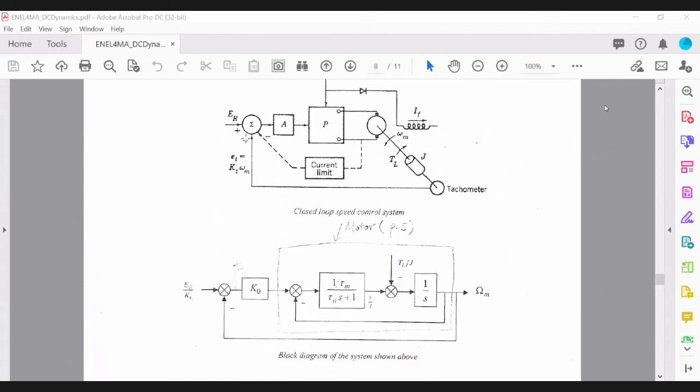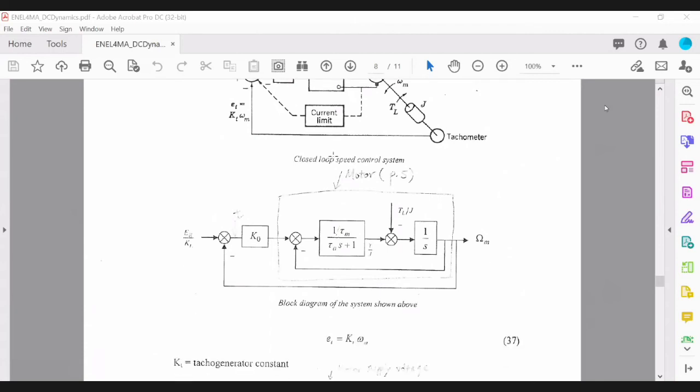When you multiply the speed by the tacho constant kt, that gives you a certain voltage et, which is compared with the reference voltage. Now the error signal from there is amplified with the gain of the control system, and then that goes to the transfer function of the motor.